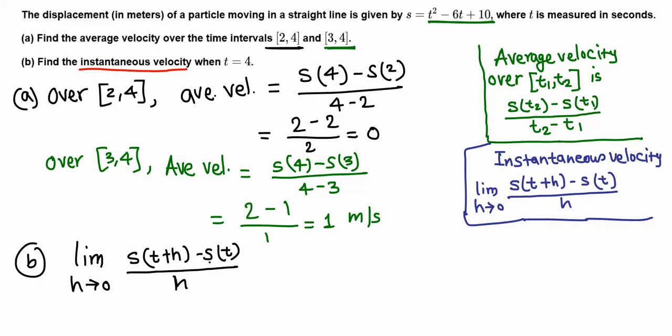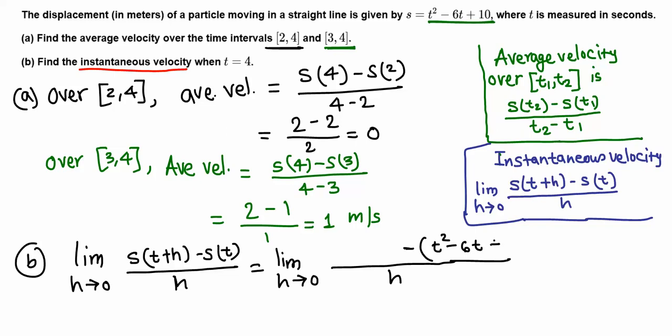This is the given function. That is limit h goes to 0, minus there s(t), that's given here. This is the function s(t). So let me put parentheses around, because negative 1, there is negative, that we need to distribute later. So this is t square minus 6t plus 10.